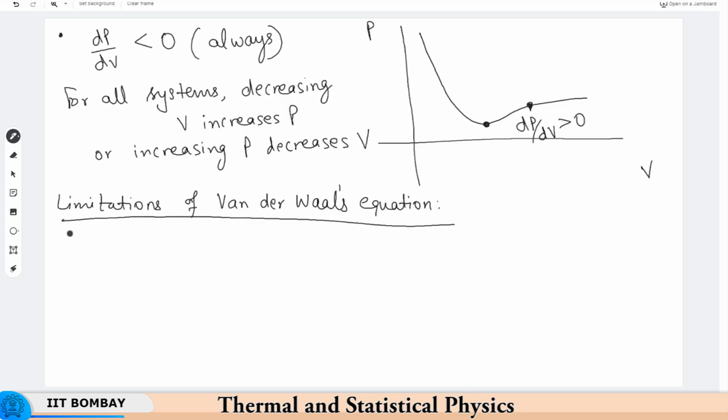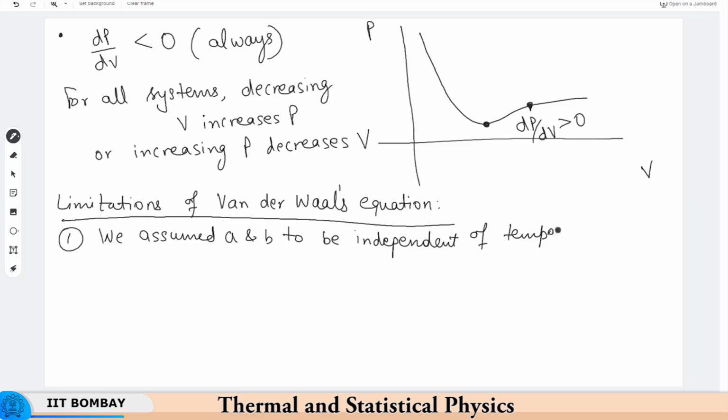So one limitation that stands out is that we assumed A and B to be independent of temperature, right? So we assume that these corrections that we called A and B, A for the intermolecular attraction and B for the finite size of the molecule, are constant, but they both can depend upon temperature, right?